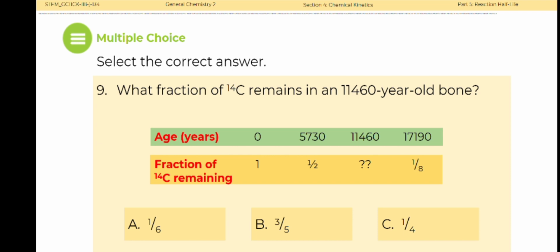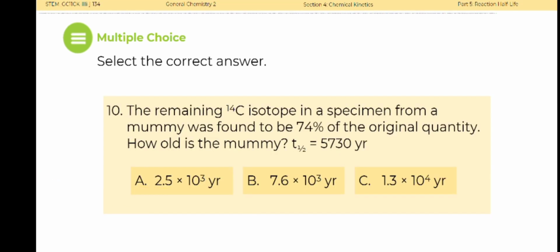What fraction of carbon-14 remains in an 11,460 years old bone? 10. The remaining carbon-14 isotope in a specimen from a mummy was found to be 74% of the original quantity. How old is the mummy? The half-life of carbon-14 is 5,730 years.